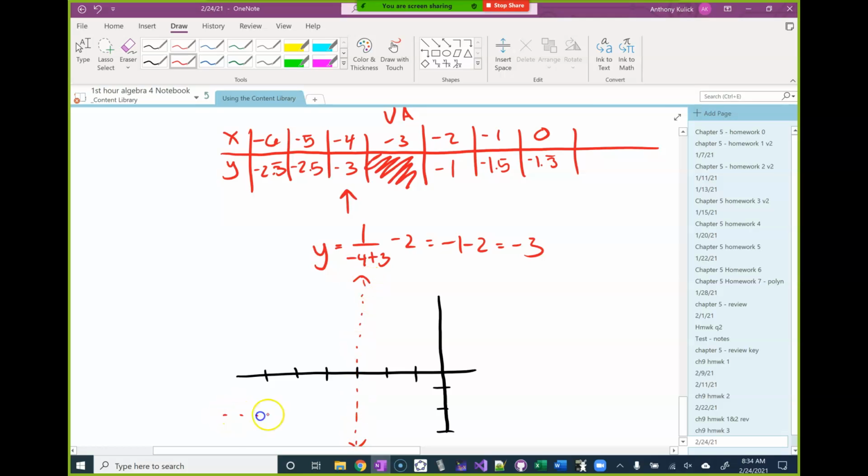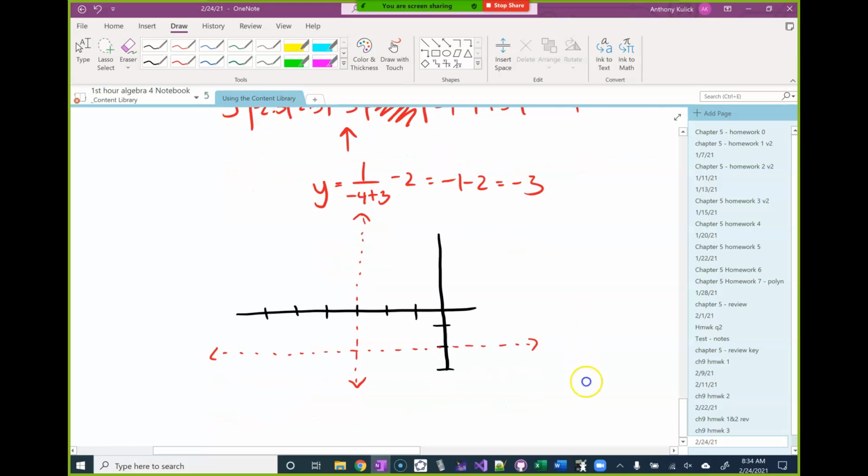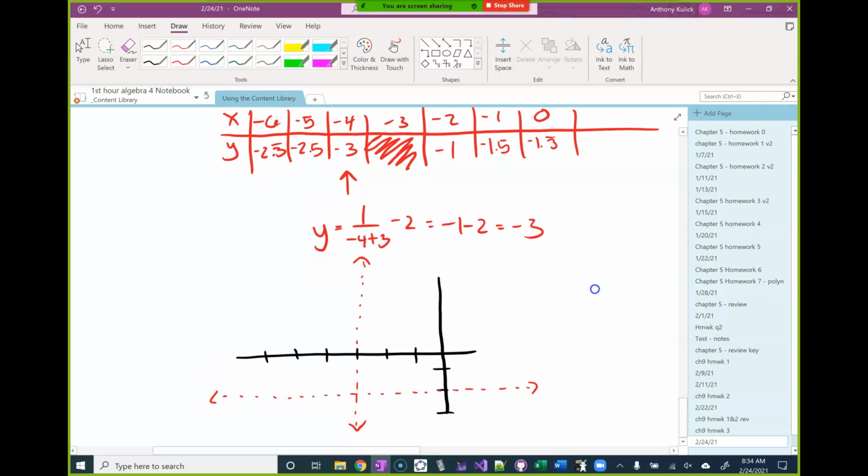So I have -4, -3, -5, -2.5, and then -6, -2.3. And I'll connect those. I'm going to make sure I put arrows at the ends of my graph. I want to make sure I draw my graph so it doesn't look like it's going to be crossing those asymptotes. Everybody okay with how I drew that?